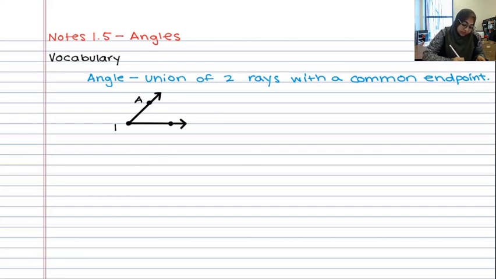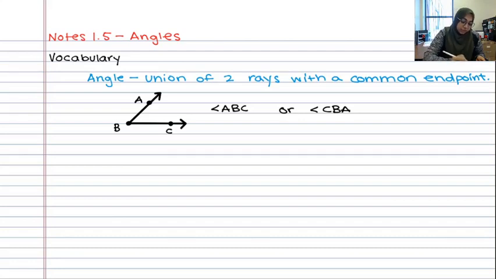So if I have A, B, C, I can say that this is angle ABC, or I can say this is angle CBA. You have to have B in the middle of those 3 letters because B is the vertex. It is the shared endpoint of those 2 rays. So that's what an angle is.